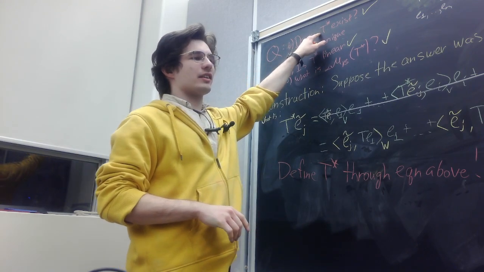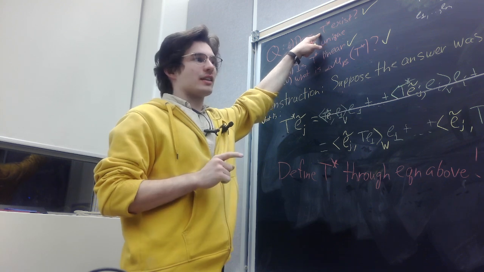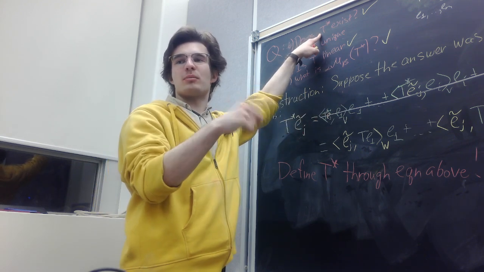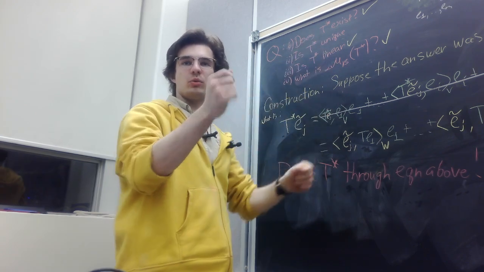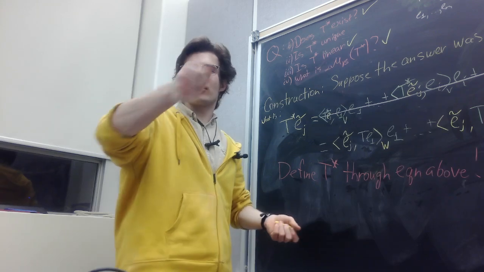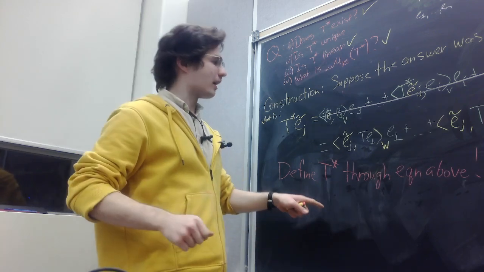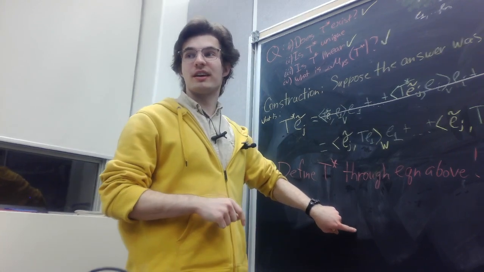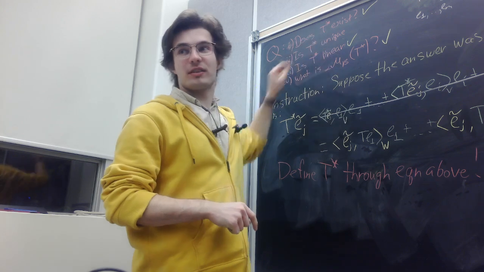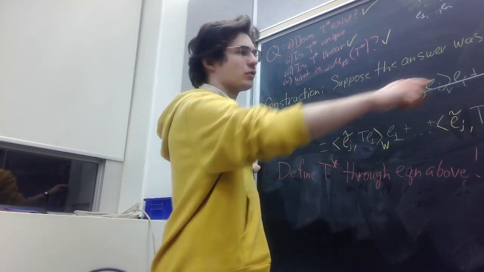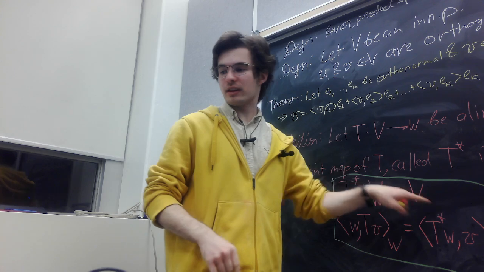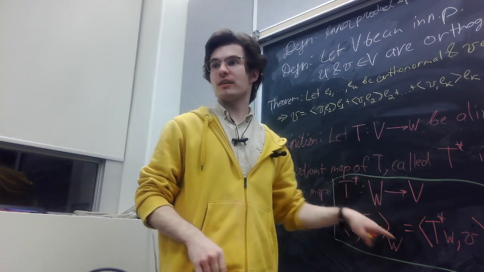The fact that T star exists isn't obvious, in the sense that we proved that something exists, but we didn't show that it has the defining property of T star, if you swapped T star onto the other thing. So actually, this is not obvious. This is something we still have to check, right? Because we define some linear map with this equation, but we haven't checked that it satisfies this equation, right?